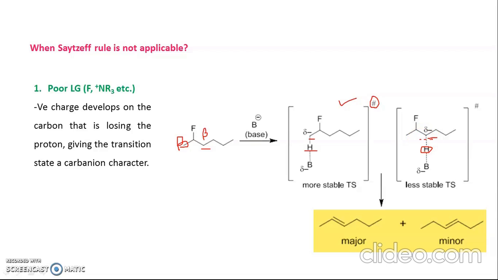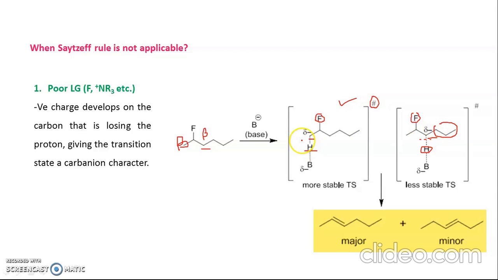Now this partial negative charge means there is some carbanion character, C minus. So if there is some electron withdrawing group like fluorine, it will stabilize the carbanion obviously. And another reason is, we know that alkyl groups are electron donating.